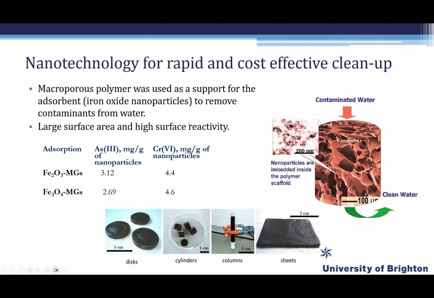What we also observed is that nanoparticle performance mainly depends on the surface area. In our case, when we mix it with polymers and introduce it inside the polymers, we see quite a lot of agglomeration, and that reduces the surface area and capability.